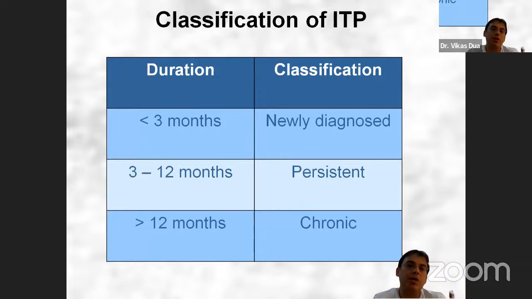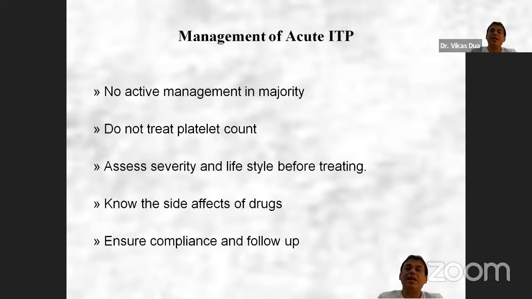If the symptoms have been persisting between 3 months and 12 months, then you say it is persistent ITP. And if the ITP is lingering on, has been going on for more than a year, more than 12 months, then we will call it chronic ITP. So please remember this.